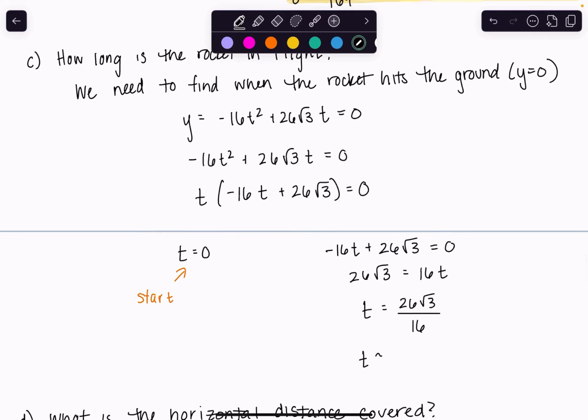We definitely need this roughly as a time. This is about 2.8 seconds. Okay. The reason I know it's seconds is because gravity is given in feet per second squared, so my units for time are going to be seconds.